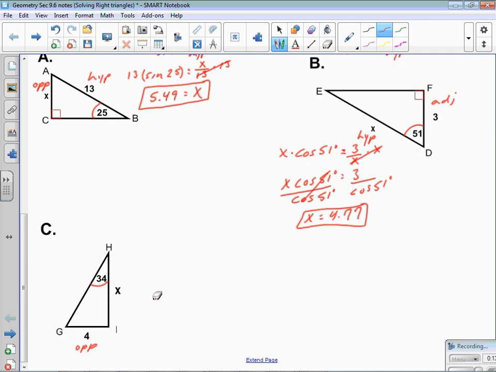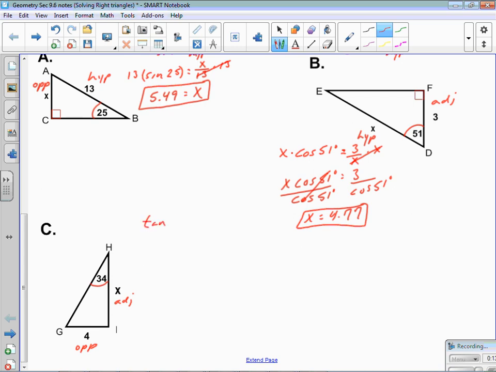It's adjacent. And so now we have to look, we've got an opposite side trying to find adjacent, so which trig function goes with opposite and adjacent? Right, tangent.